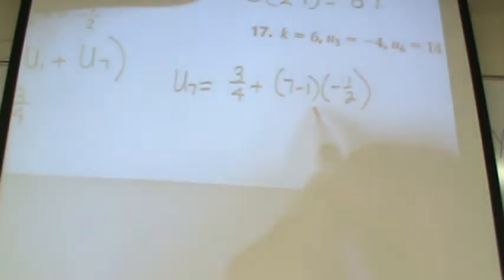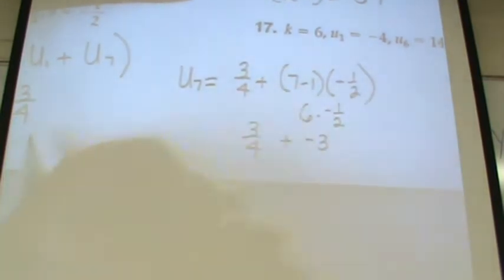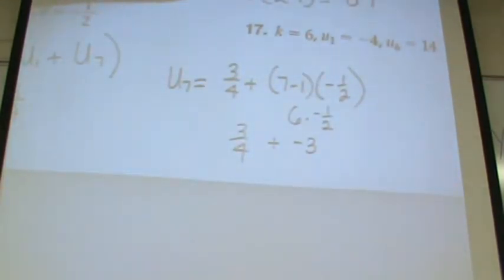So this is a 6. 6 times -1/2 is -3. And -3 plus 3/4 is -2.25. That's your 7th term.